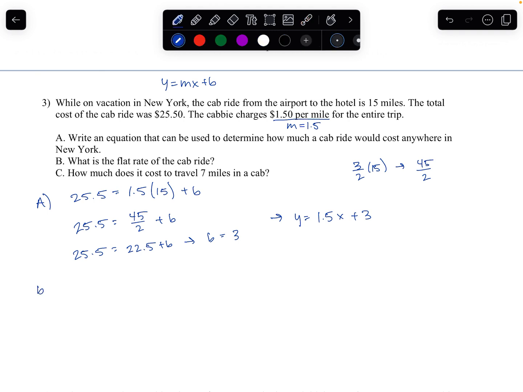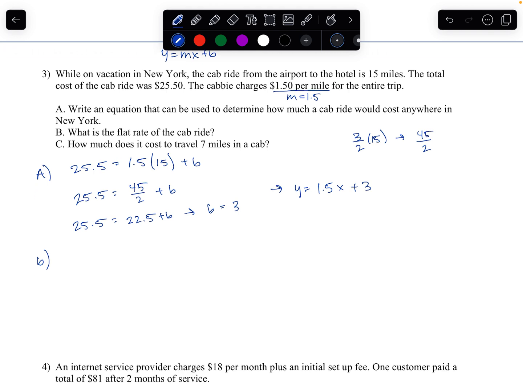For B, what is the flat rate of the cab ride? Well, we found that before. It's $3. C, how much does it cost to travel 7 miles in the cab?